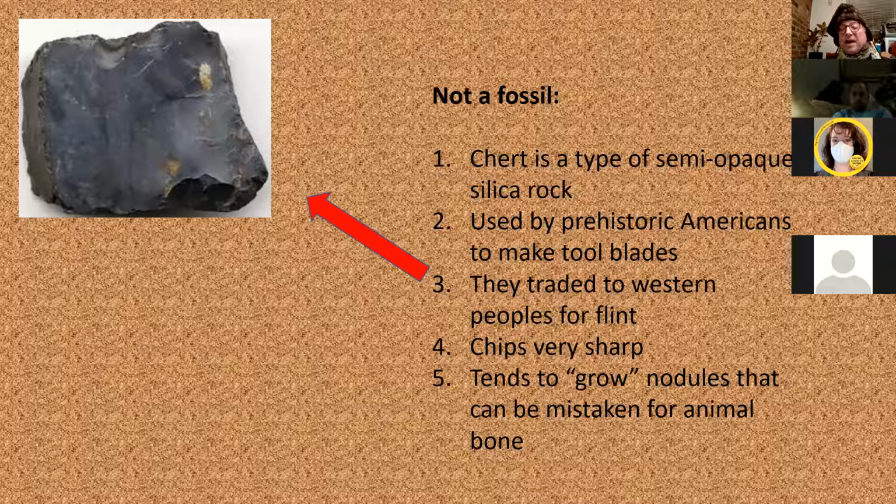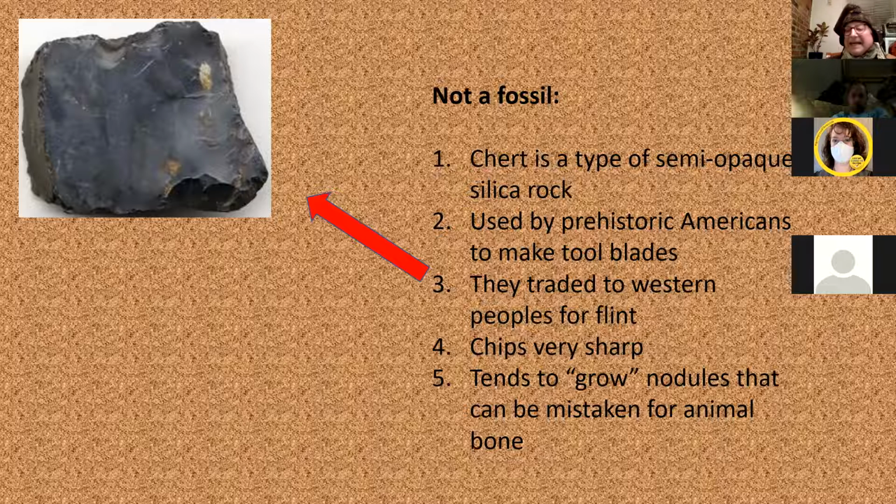This was used by prehistoric Americans to make tool blades. It is known that the Fort Ancients and the Hopewells and the Mississippian and some of the other prehistoric Indians that lived in this area used chert to make blades for shovels and hoes, for working the earth in agriculture, and for making knives.